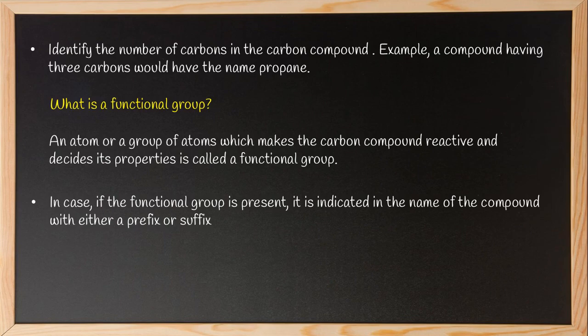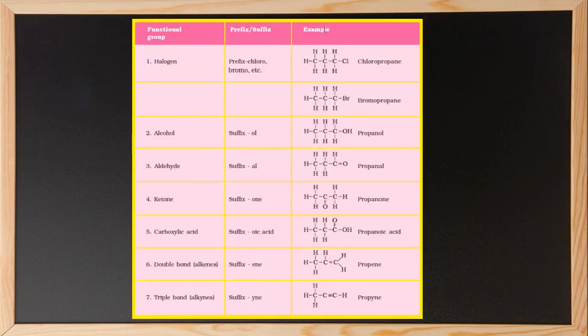So the name of the compound will include the name of the functional group, either in the prefix, that is before the phrase, or in the suffix, that is after the phrase. Let us look at some examples. Now, here we can see some of the functional groups: halogen, alcohol, aldehyde, ketone, carboxylic acid, double bonds like alkenes, and triple bonds like alkynes.